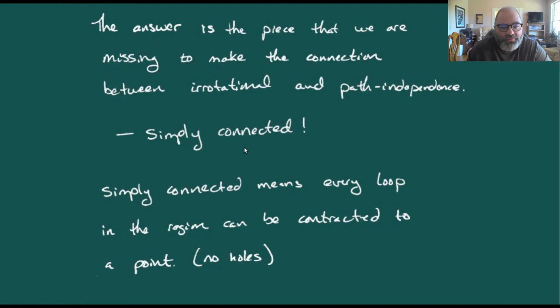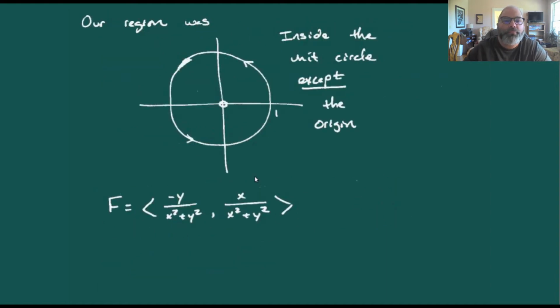Remember that we talked about this several videos ago. Simply connected really just means that every loop in the region we're interested in, we can contract down to a single point. In particular, this region doesn't have any holes in it. Now, the region over which we actually integrated, the region for our circle, is defined everywhere except at the origin.